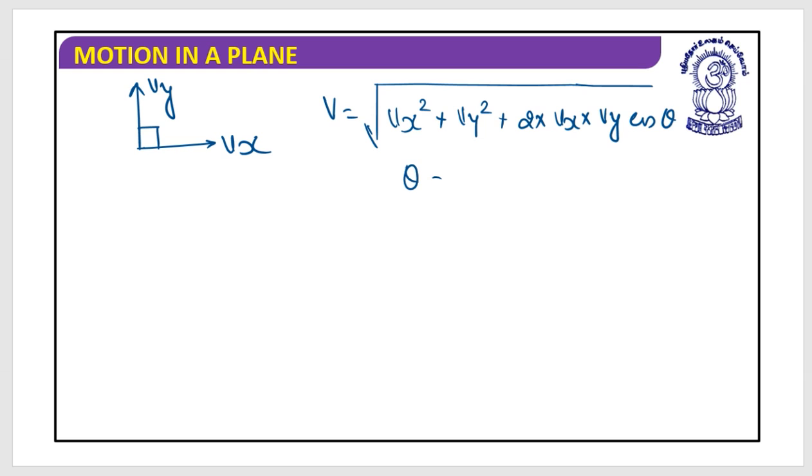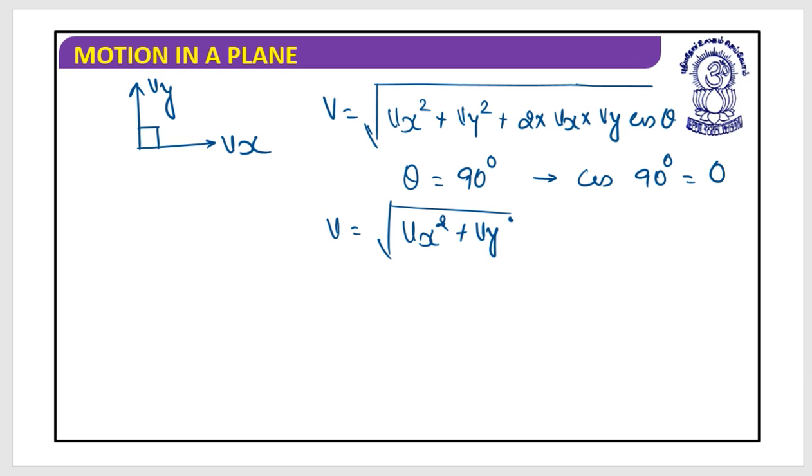Here theta is 90 degrees, so cos 90 would be 0. So V is equal to root of Vx square plus Vy square.